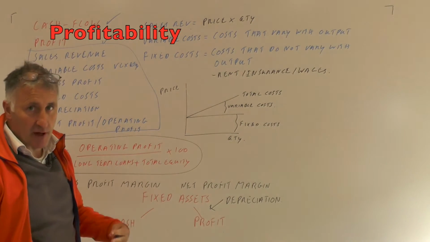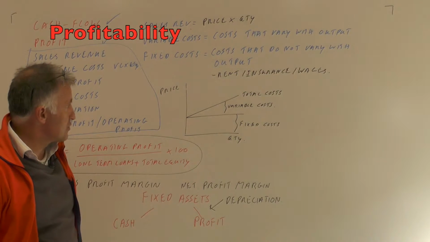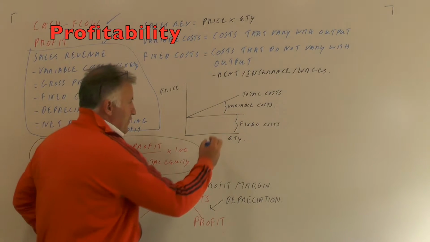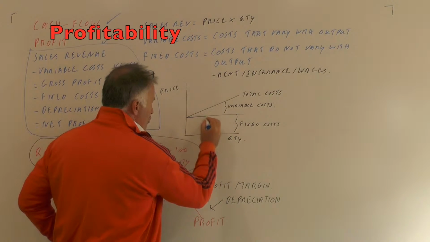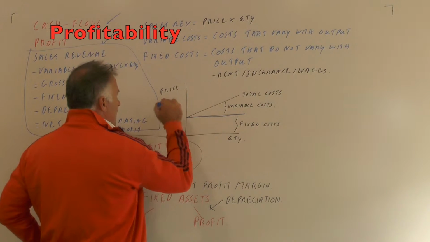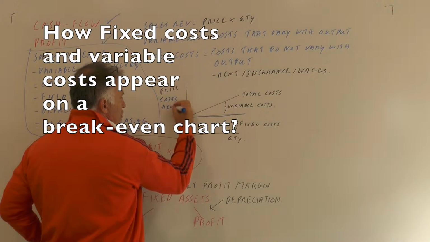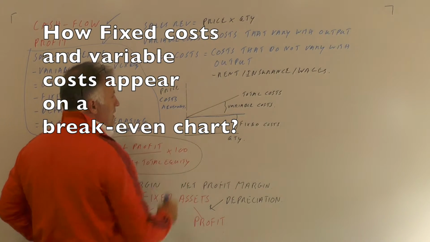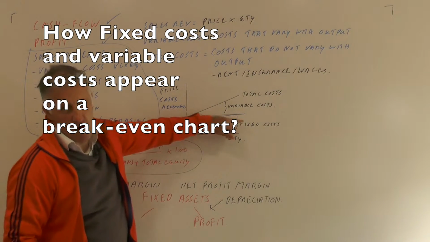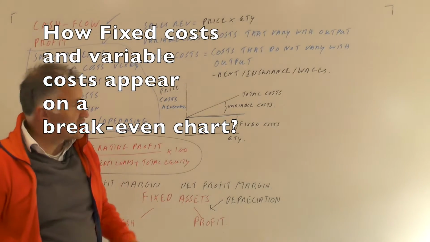So when we come on to drawing a break-even chart, the fixed costs will just go straight across the page. On here we'll have costs and we'll also have revenues. The fixed costs do not vary with output, so on a break-even chart they're dead easy to use.